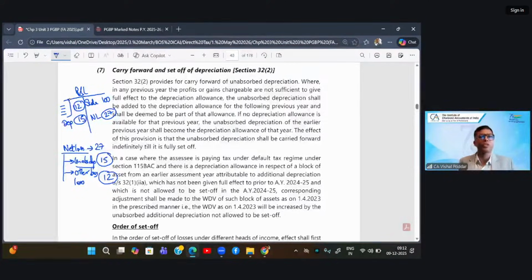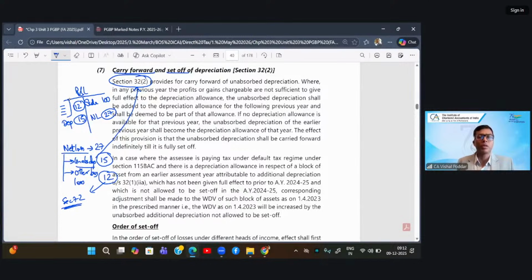Because of the provision for setting off this loss, and if the loss cannot be set off in the current year because there is no profit, then carry forwarding it to future years. The provisions are covered under different sections. For this, you will study section 72 for carry forward, but for unabsorbed depreciation, the section is 32(2).